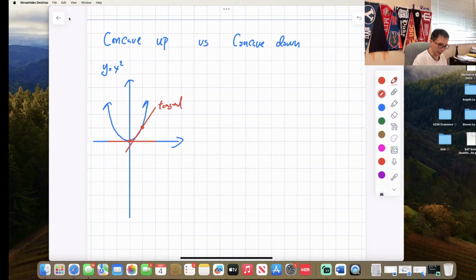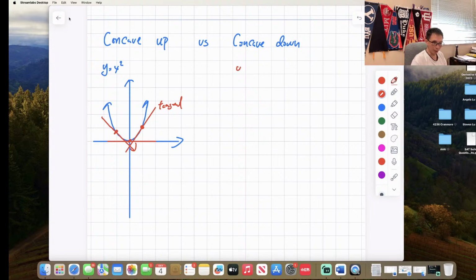The same thing on this side, it only intersects one point. So all the tangent lines are below the actual function, and we call that concave up. You can think about something like this as concave up, and this as concave down. That's the easiest way to think about it.